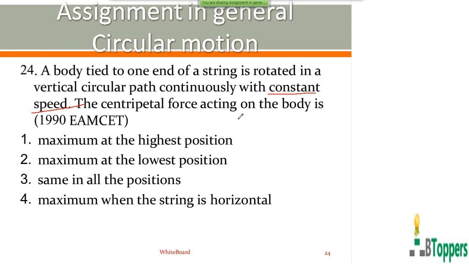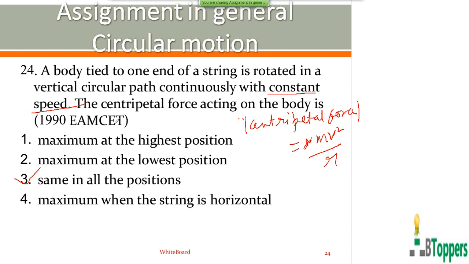In uniform circular motion, speed, or the magnitude of velocity, is constant. Therefore, the magnitude of centripetal force on the body, which you can write as mv square by r, is the same at all positions because the speed is the same at all positions. Therefore, the third option is the answer.